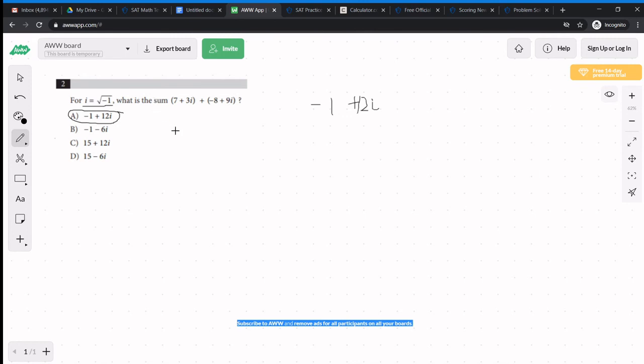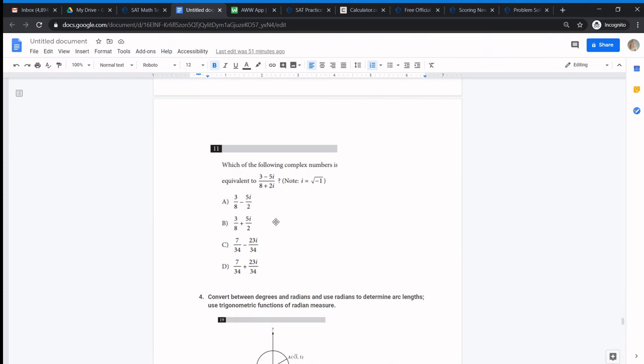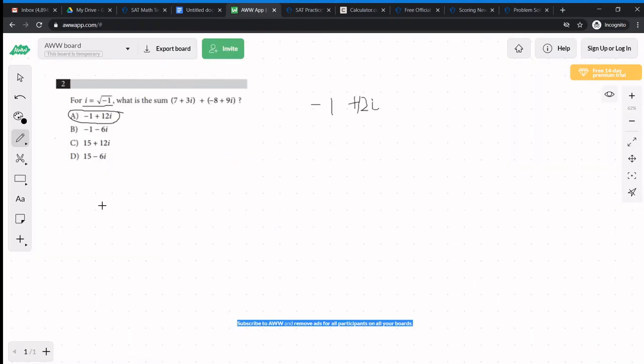Now, when you're multiplying these two, let me check if I have another problem for it. I have dividing. But for now, let's just say we're multiplying. 7 plus 3i times -8 plus 9i. You do FOIL like you normally would in this situation if i were a variable. So we do -56 minus 24i plus 63i.